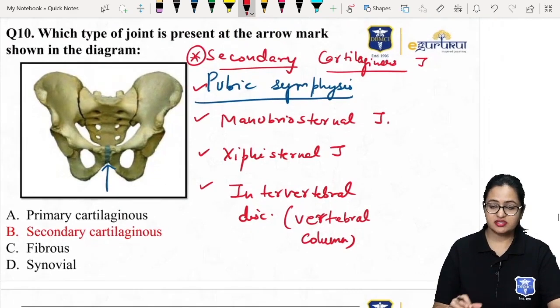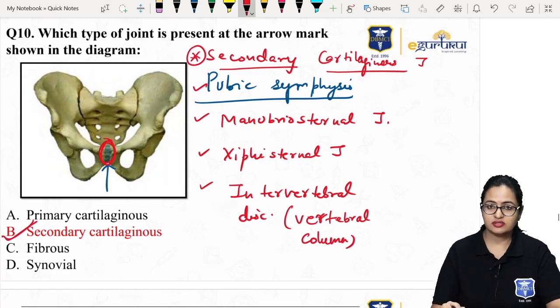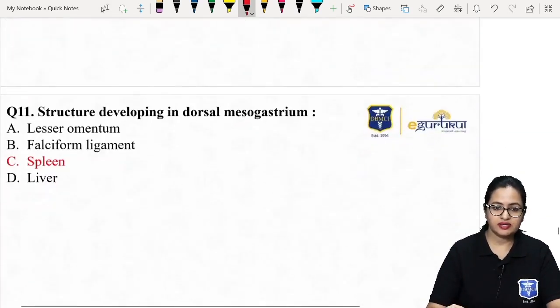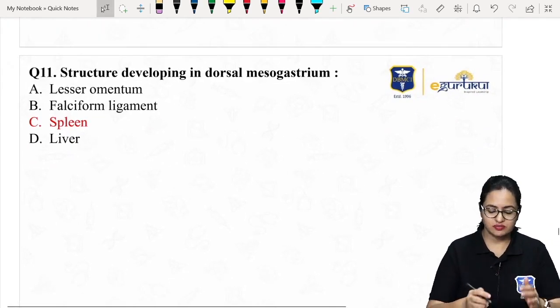So these are the various examples of the secondary cartilaginous joint, and this pubic symphysis is a secondary cartilaginous joint.